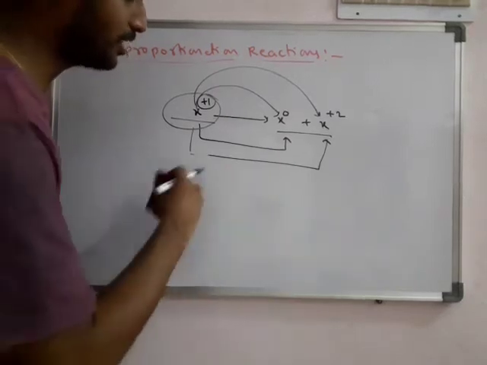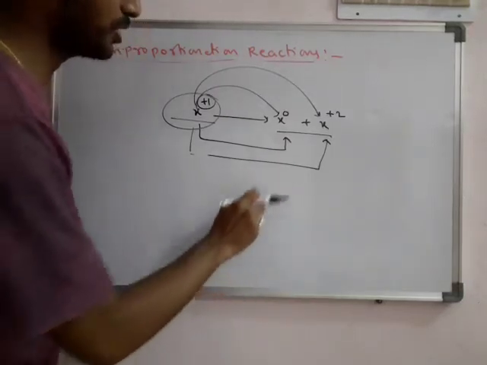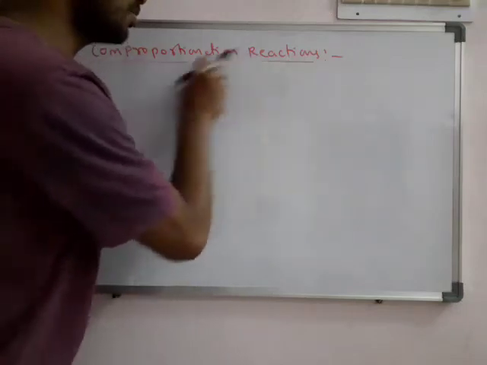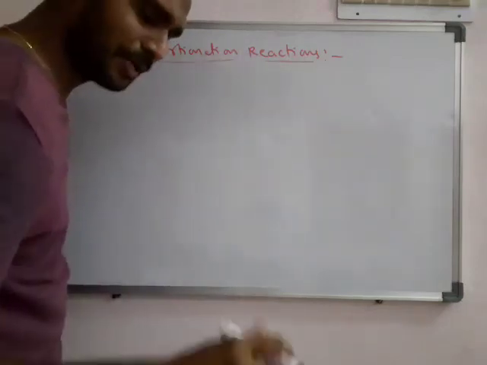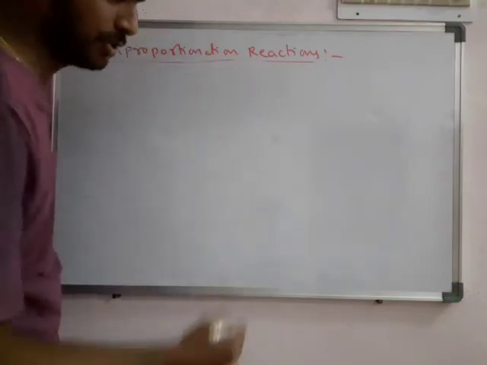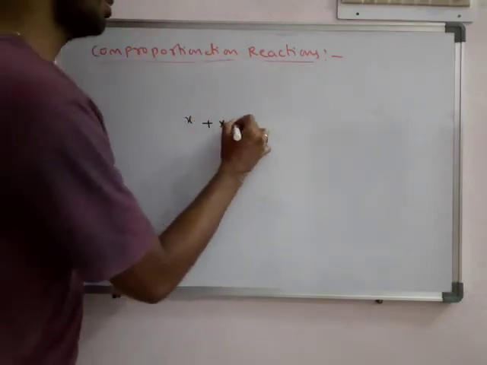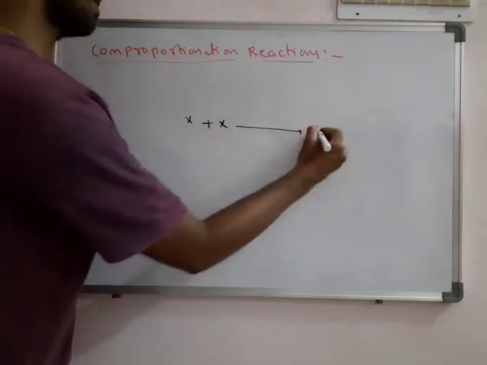The exactly reverse reaction is called a comproportionation reaction. Here also the same element is oxidized and the same element is reduced, but in the reactants two oxidation states are present.